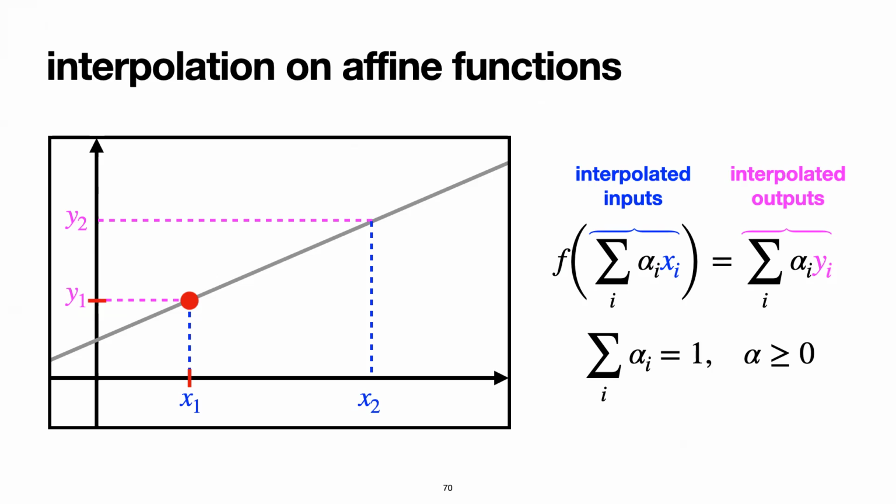So I can compute a bunch of samples through this affine function, and arbitrarily interpolate between the inputs to find a new point. The value of that point through the function is an interpolation with the same alpha vector on the outputs. So what we've done here is effectively approximate globally and exactly in the affine case without any derivatives.